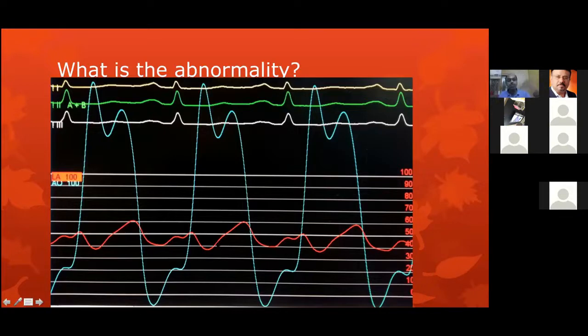Now coming to the pressure trace. Atrial mean pressure is significantly elevated. A wave, V wave. In earlier phases of mitral stenosis, the A wave will become taller because the atrium will try to pump and push the blood through the stenotic mitral valve. That is the reason why in a Doppler trace in early mitral stenosis you will find a slow E descent and a tall A wave.